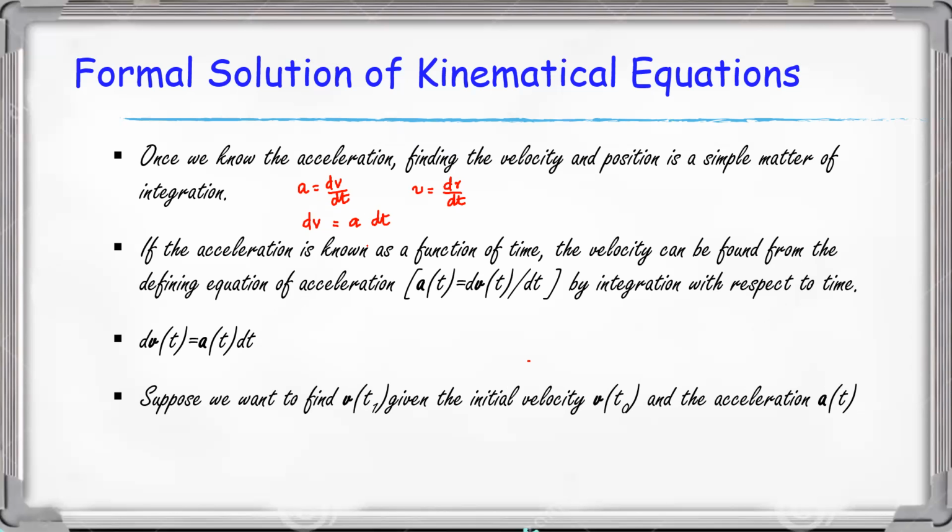We have given the initial velocity v(t0) is known and the acceleration a(t) is also known. We know the velocity at time t0, and we have to find the velocity at any next time t1.